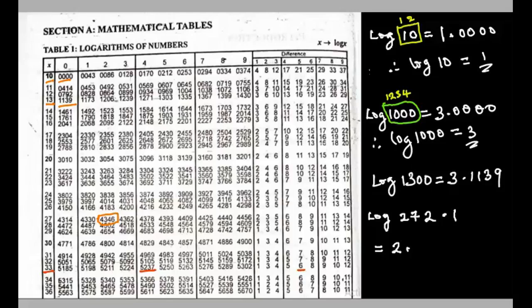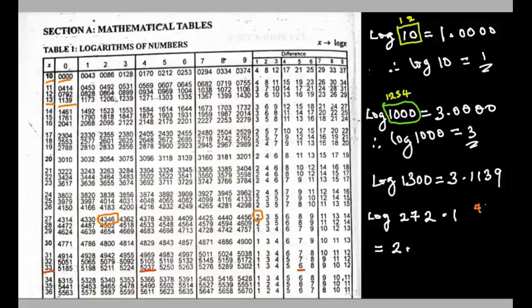Then the difference of 1. At the difference of 1, 27 under 2 has 2 in the difference column. So when we add, 27 under 2 is 4, 3, 4, 6.